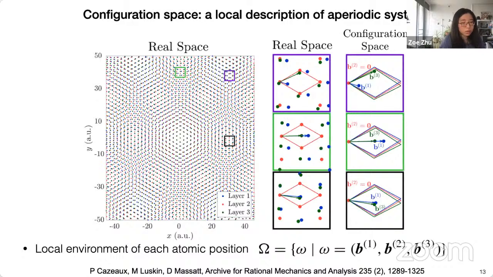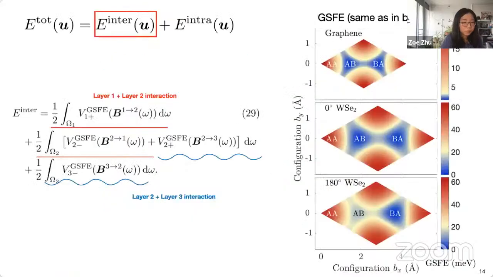These two vectors form a 4-dimensional configuration space that allows us to describe the system instead of real space. There is a one-to-one correspondence between configuration space and real space, as shown in this math paper. Now we can formulate our problem in configuration space by discretizing the space. One can also show mathematically that the mapping from real space to configuration space is uniform by the ergodicity of incommensurate systems.